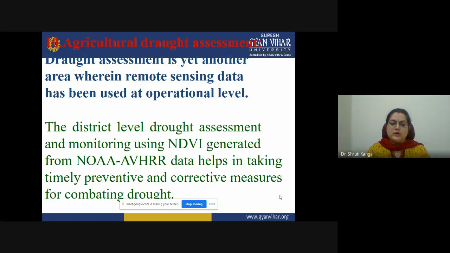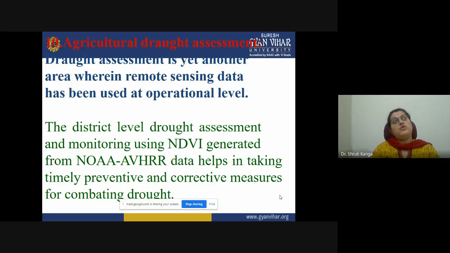If, because of a lack of water or moisture content in the area, drought-like conditions are appearing, then we need to take care of the different hydrological parameters in that area. We have to maintain those things.